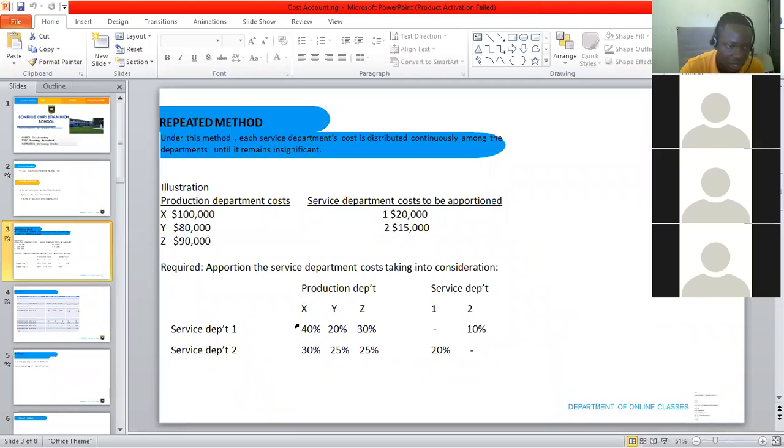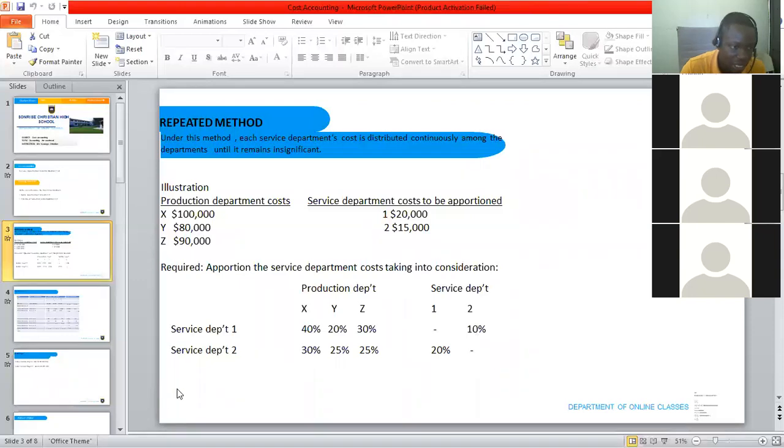When we want to apportion service department one cost, which is 20,000, these are the figures we will use in sharing the cost: 40%, 20%, 30%, and then 10%.